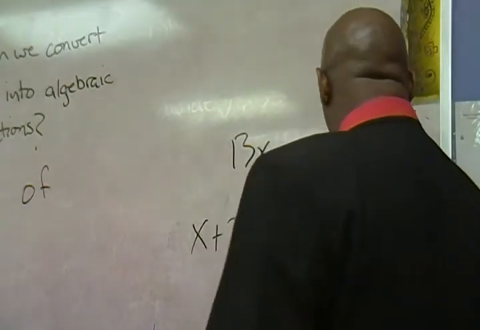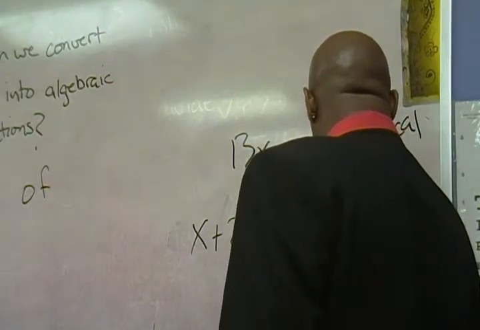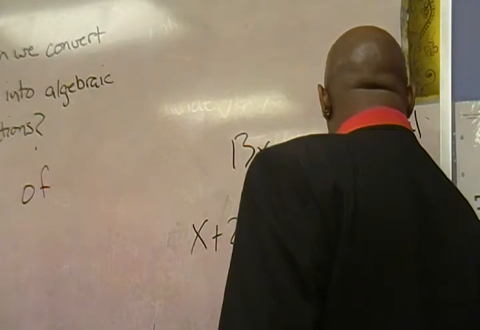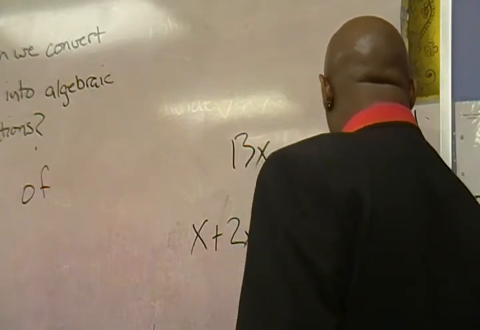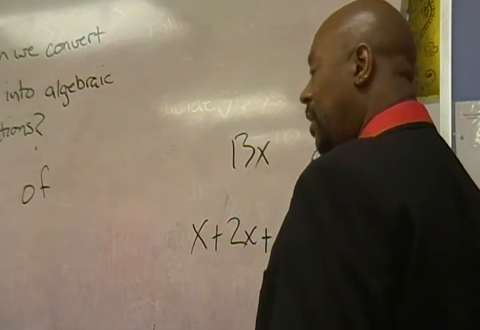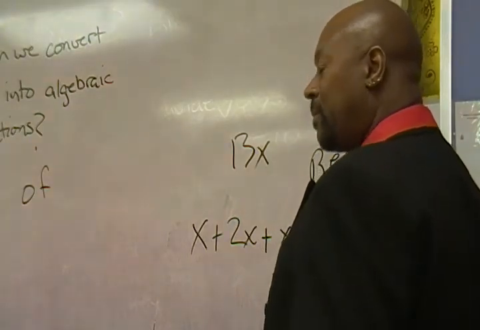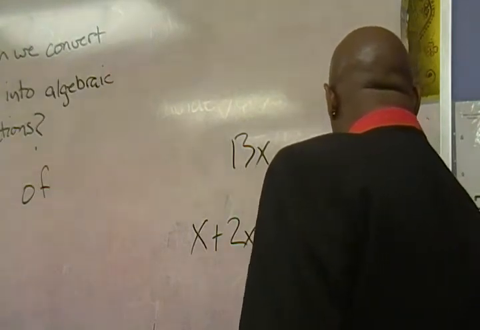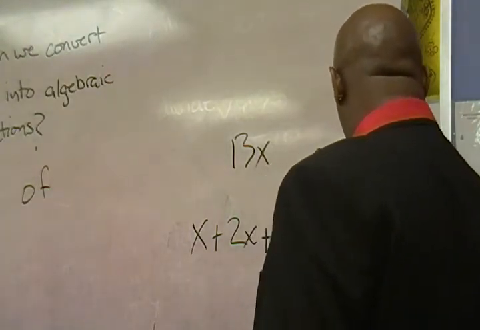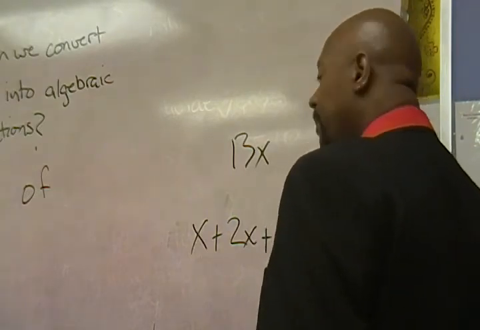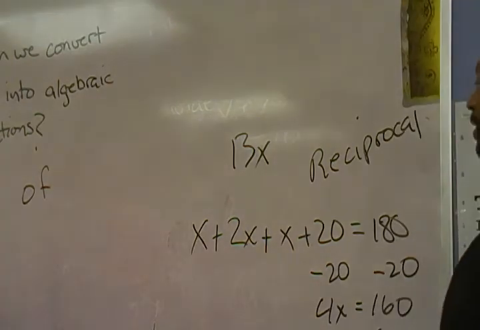Right, so that'll be 1/4. We multiply both sides by 1/4, and 1/4 is the reciprocal. So these 4's cancel out, because these two are opposites. 4 times 1/4 is going to be 1. So that'll give you x, and then 160 over 4 is 40. So that's how you do that.